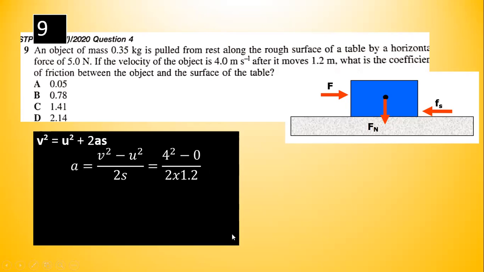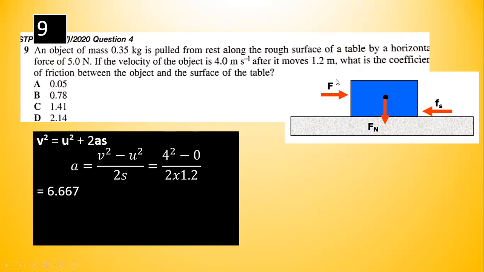So put in your formula to calculate your acceleration. Take your u across, you get v squared minus u squared, and take your 2s down, got 2s. There's your 4 for final, initial is 0, distance is 1.2, and calculate it out.